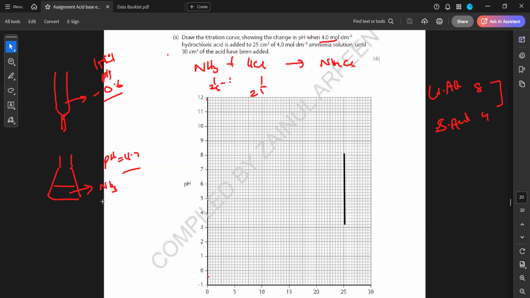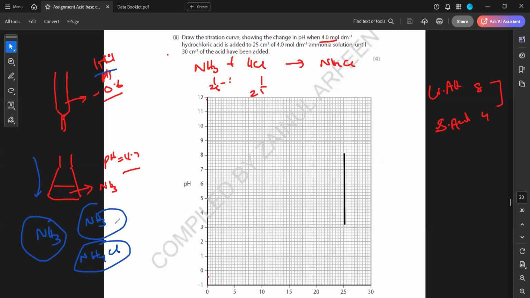Now, look, initially we have ammonia in the solution and we are adding an acid. When not all of the aqueous ammonia has reacted, it will still have ammonia. And when some HCl reacts with ammonia, it will produce ammonium chloride. So it means there will be a weak base and a salt.